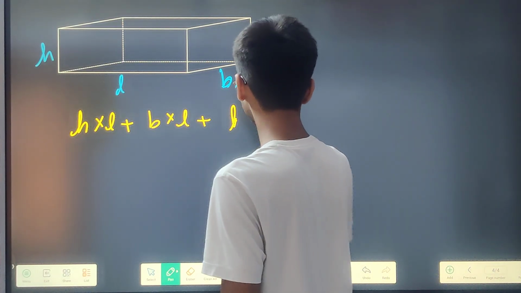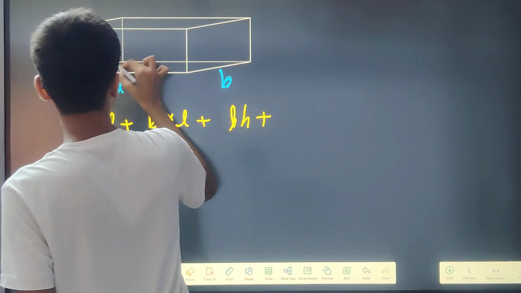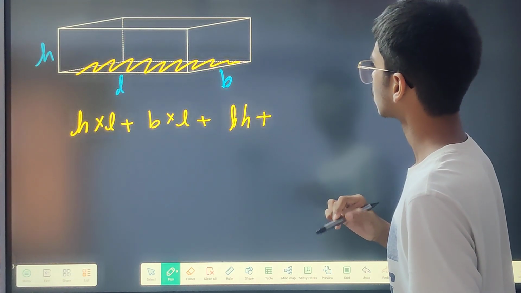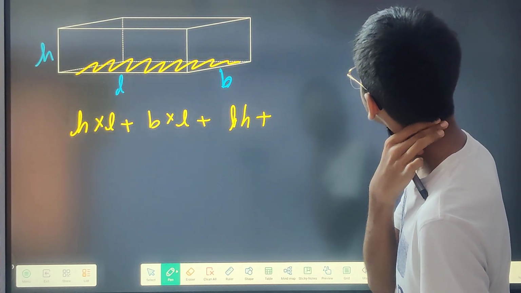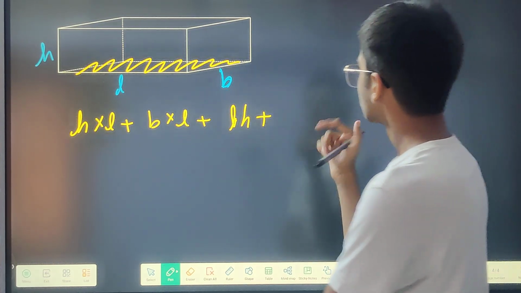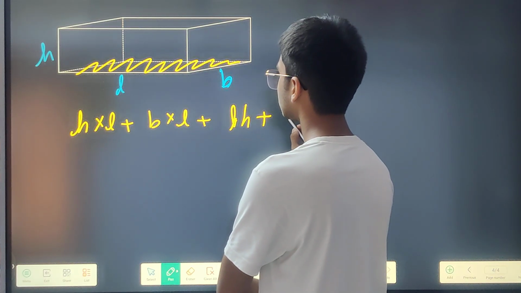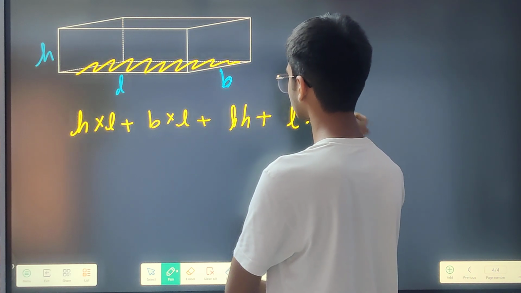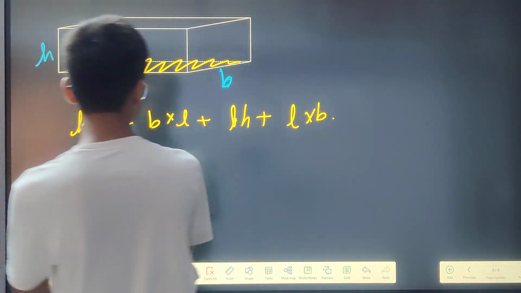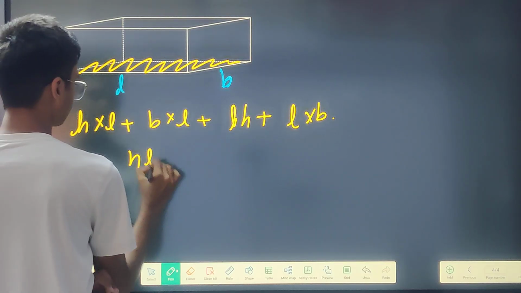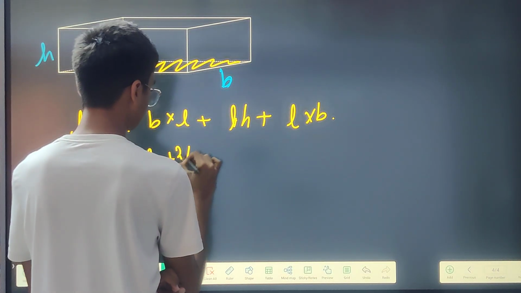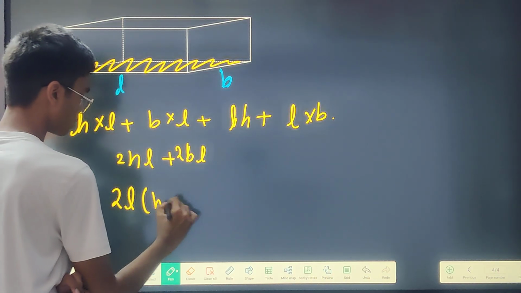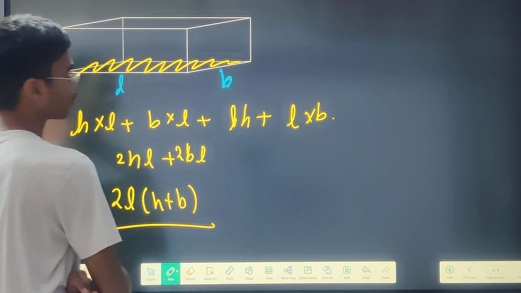Then you will take this area, which is L into B. So from this you can add it. HL will be twice, plus 2BL. So 2L into H plus B. This is your formula.